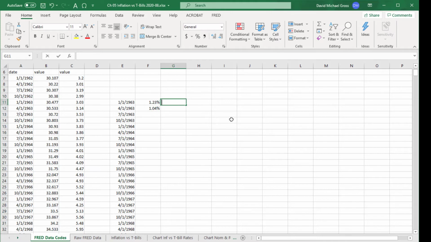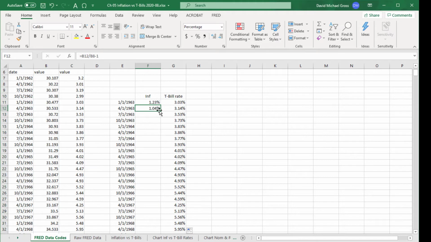And what I want to do is look at the rate that at this particular point in time, people contracted with the US government to earn. This is the T-bill rate. So here is CPI or inflation, and here is the T-bill rate. What I have is the contemporaneous inflation and the dollars that people needed to earn from contracting with the US government.